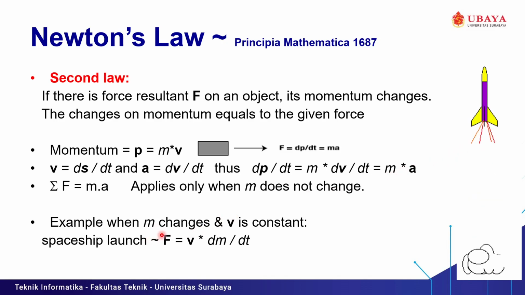So in this case, F equals v times dm/dt. The change is now in the mass, the change in mass over time multiplied by a constant velocity. Anyway, we won't observe this type of momentum. We will only observe cases when the m is constant, so only the velocity changes.